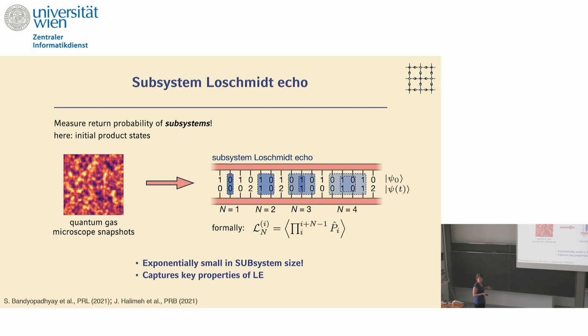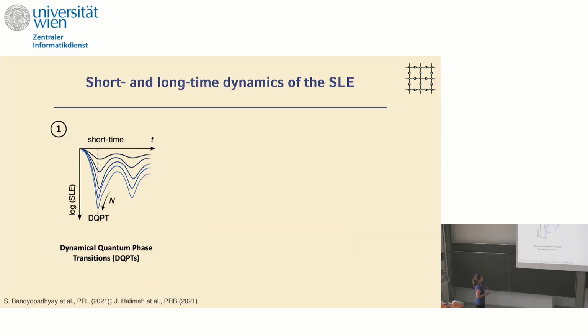It's still tiny, but if you can learn something with its scaling, then you can still extract some useful quantities. And indeed, many of the properties or features that were revealed by looking at the full system Loschmidt echo, we find in this subsystem return probability as well.